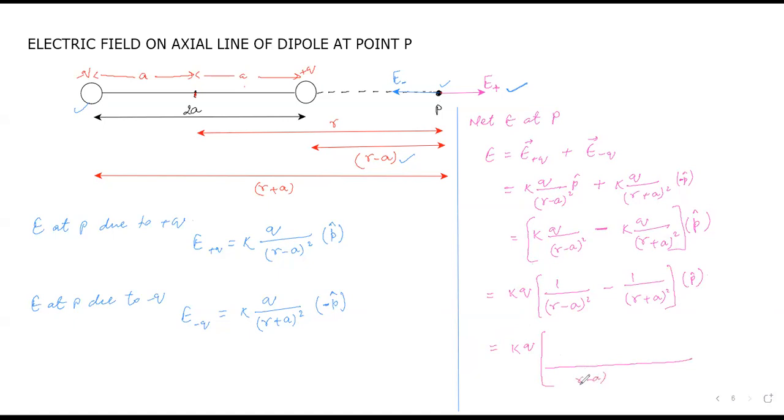R minus A whole square into R plus A whole square as the LCM, and you get R plus A whole square minus R minus A whole square, of unit vector of P. Note it down, please, till here.